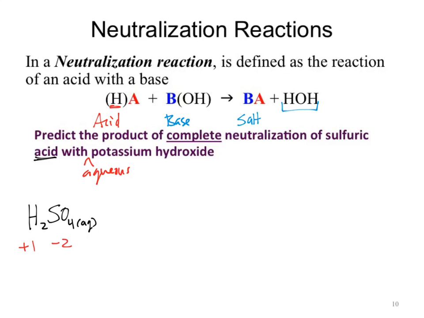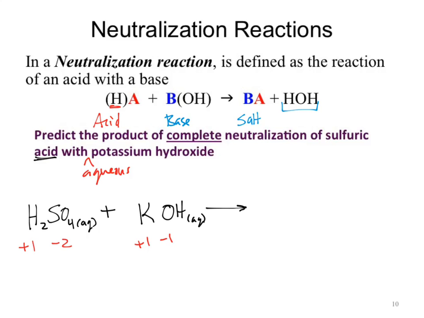2 hydrogens. Plus potassium hydroxide. What do we do there? KOH. Charge on potassium, charge on hydroxide. Balanced? Yep. Goes to our products. What are our products?